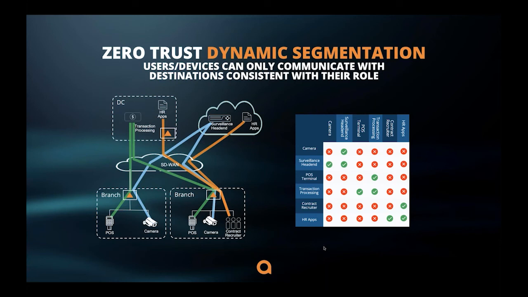And because we probably have an Edge Connect appliance sitting in the cloud in this example, and Edge Connect appliances sitting out at our branch locations and in our data center, we're able to provide that security posture for those devices and for those roles, and that can carry all the way through the software-defined WAN fabric. So in this case, our cameras are only accessing that cloud-based application. That data is being transmitted to the surveillance headend and being stored and retained in the cloud. And that's the only thing that those devices are able to see and access.